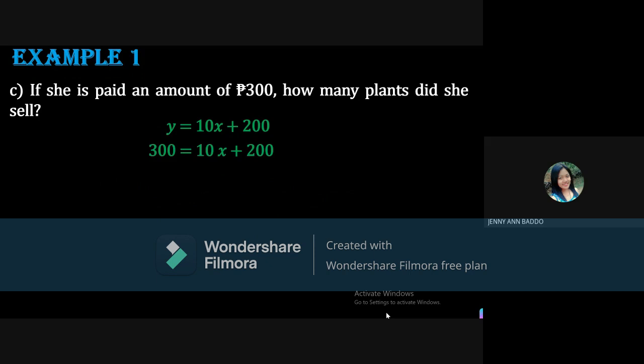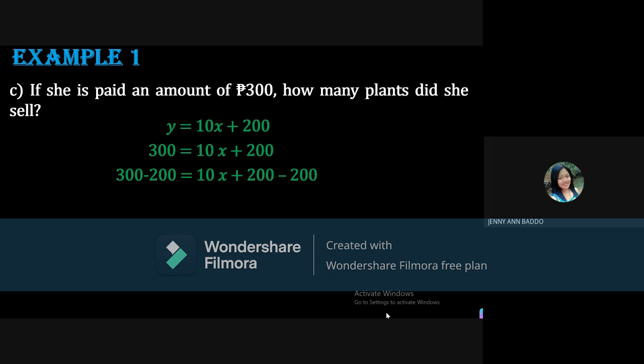equals 10x plus 200. Then, to get rid of 200 on the right side of the equation, we have to subtract 200 to both sides of the equation. So, we have 300 minus 200 for the left side and 10x plus 200 minus 200 on the right side.